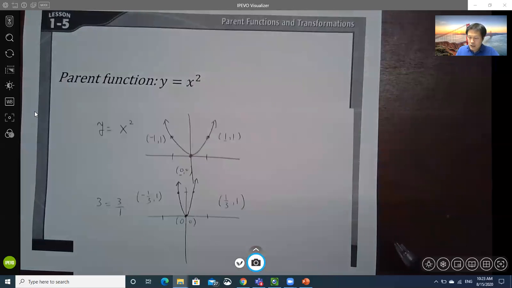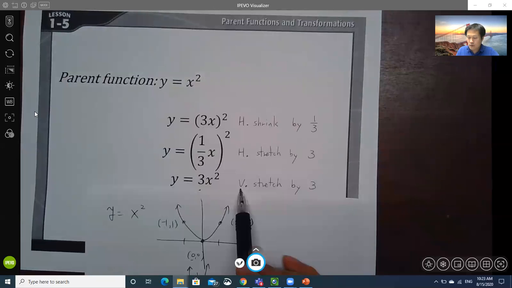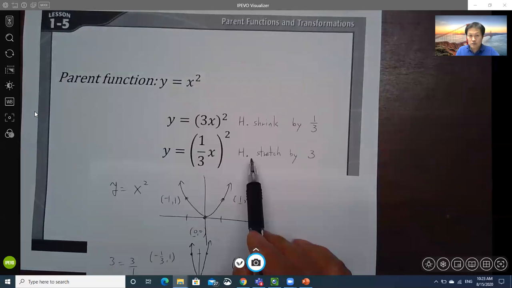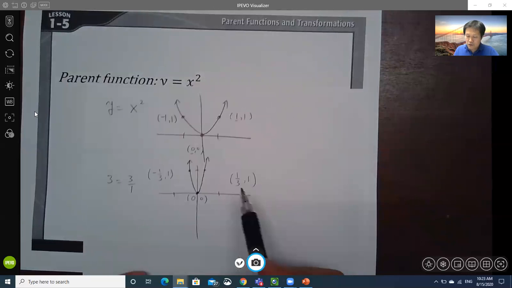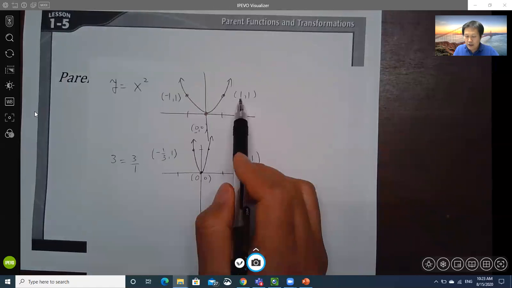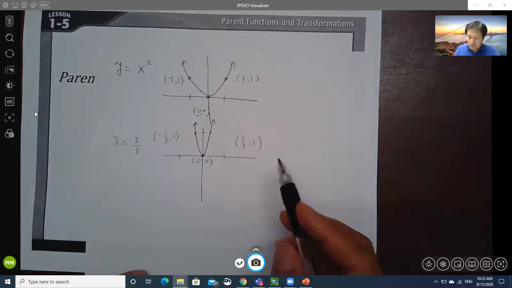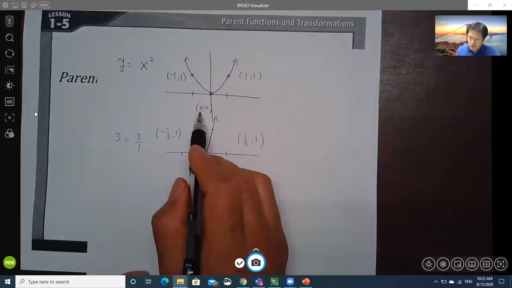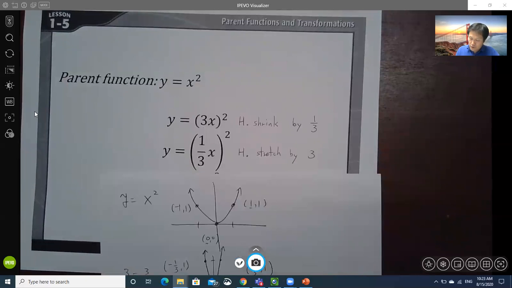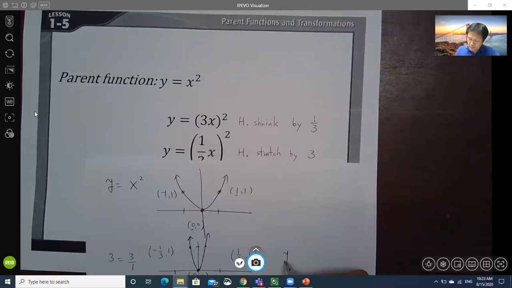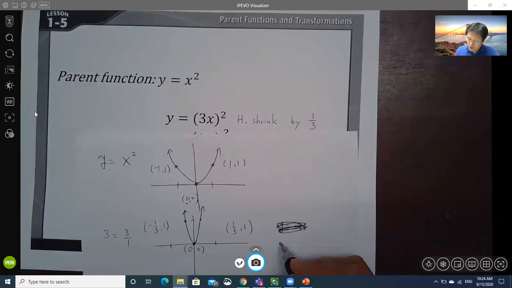Okay? So if you're talking about horizontal stretch by 3, then you're going to multiply all x values by 3. That's the graph of y equals (3x) squared.